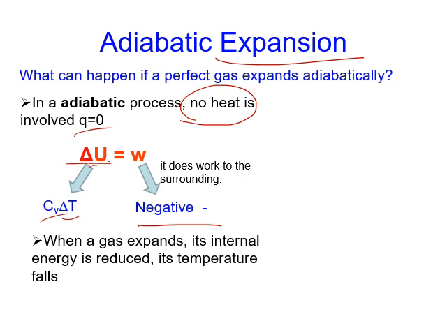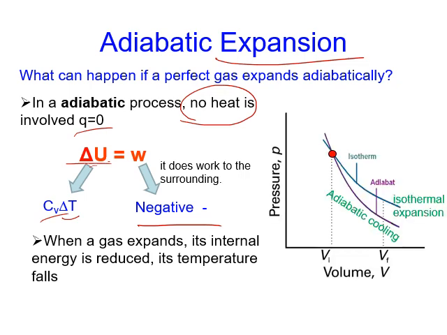It's a cooling process. Now this diagram compares the isotherm with the adiabatic cooling curve. So here, that's the isotherm, so all points have the same temperature.